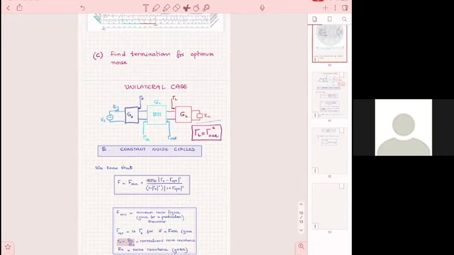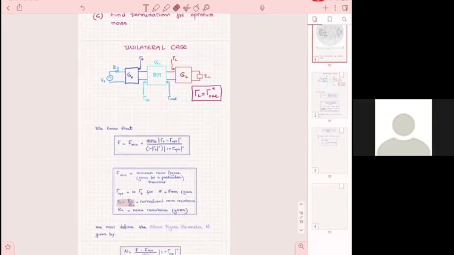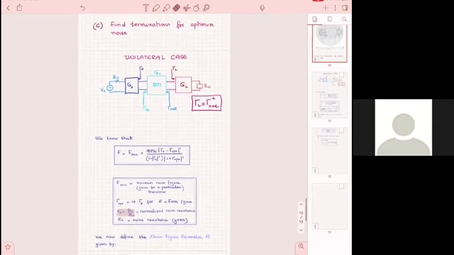So this applies for any value of gamma S. But the value for gamma S needs to be specified by the noise. If I remove that for a moment, what do we know about noise? First of all, the problem says find terminations for optimum noise.